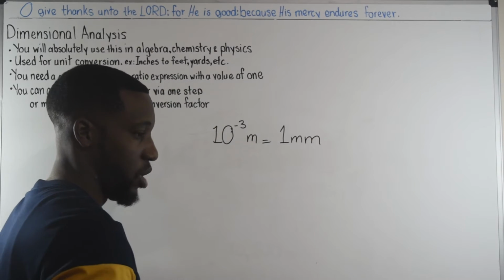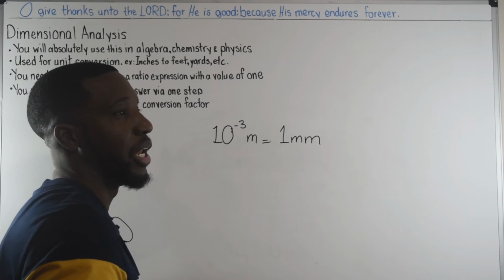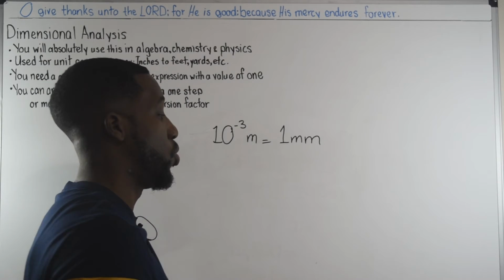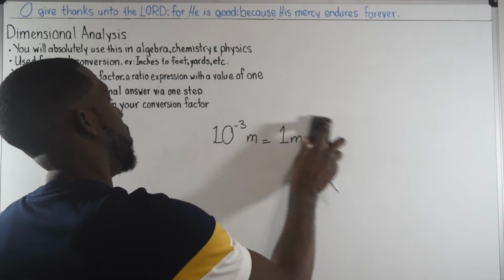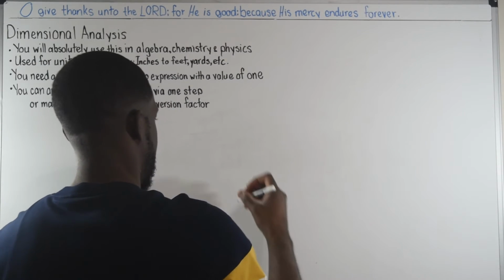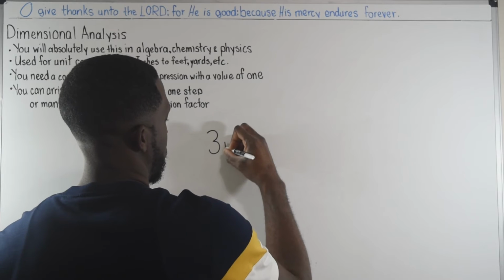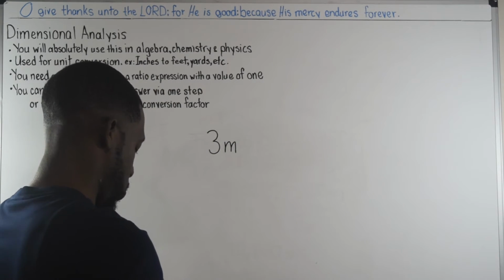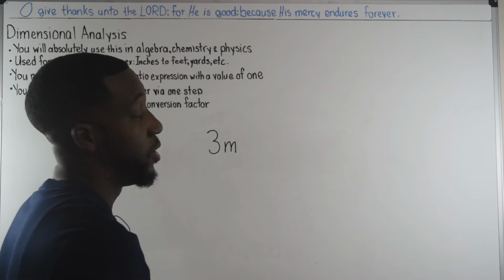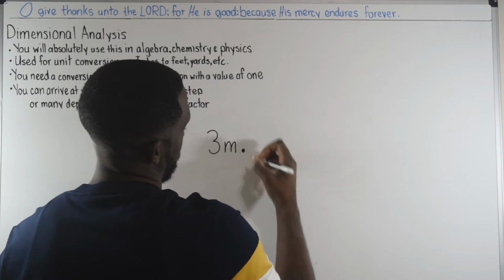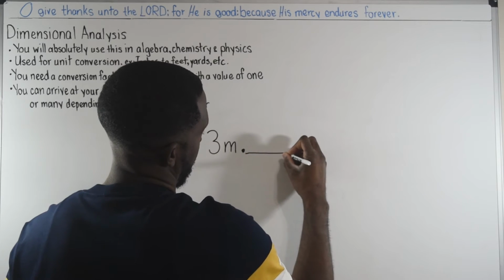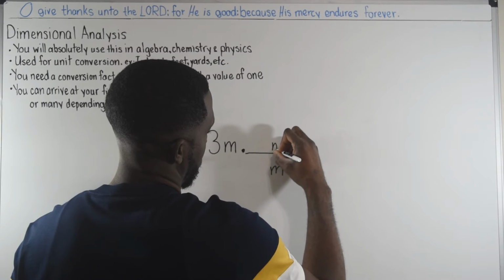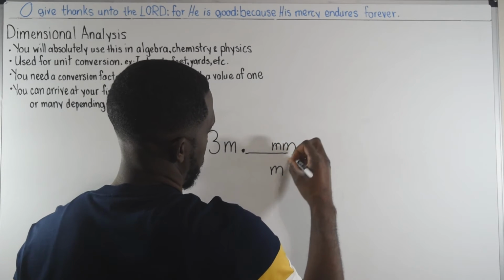Okay, so you know, they might ask you to go from kilometers to millimeters or micrometers, so forth and so on. So let's say we had 3 meters, right? And we want to convert 3 meters into millimeters. So we would say we got meters on the bottom, millimeters on top.